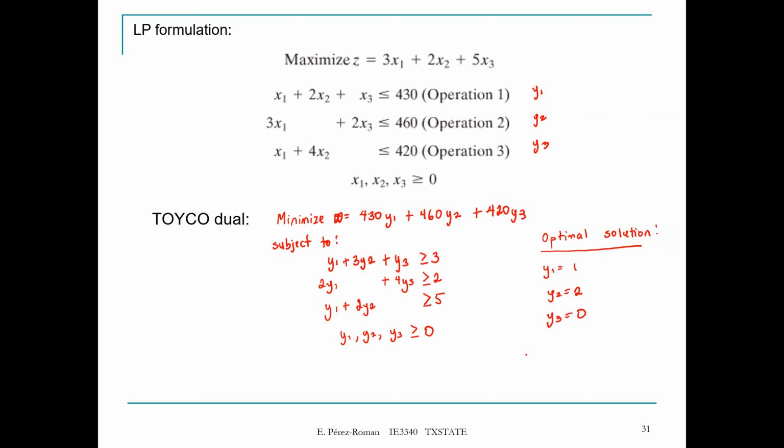And if we substitute these values into the objective function, that is 430 times Y1, which is equal to 1, plus 460 times 2, and that is equal to $1,350. So you can see that the objective function value for the dual problem is the same as the objective function value at optimality for the primal.